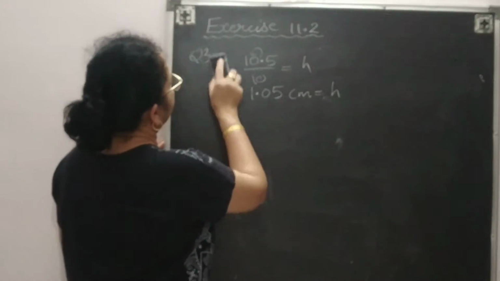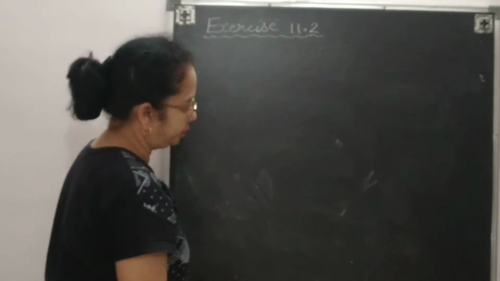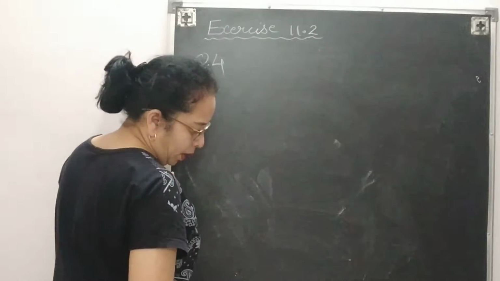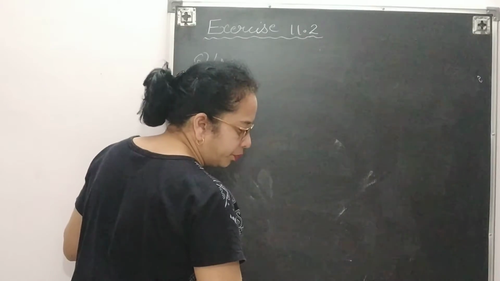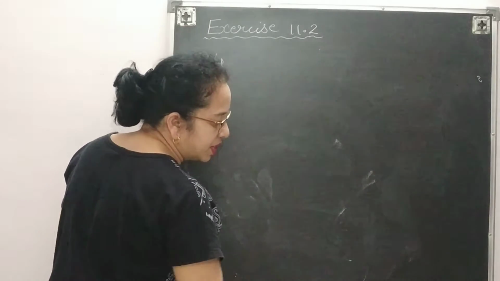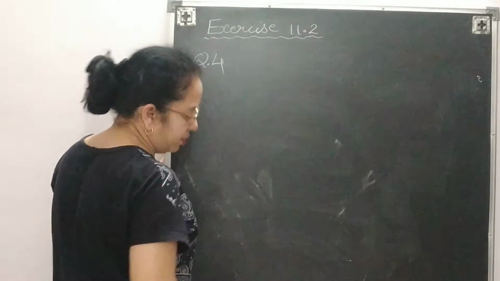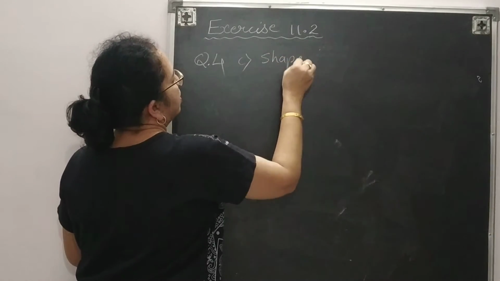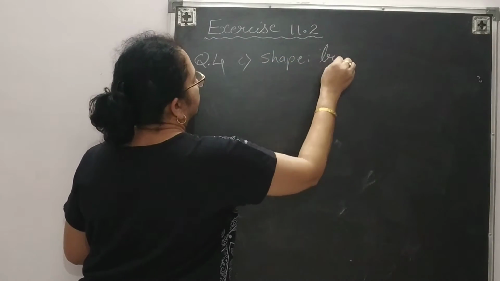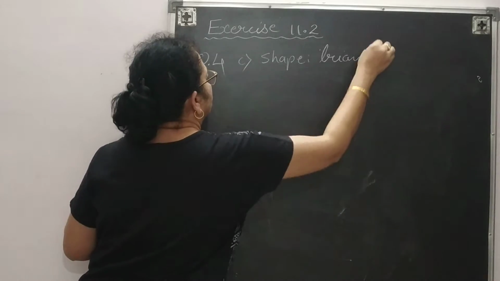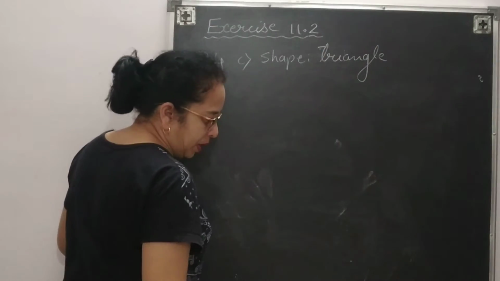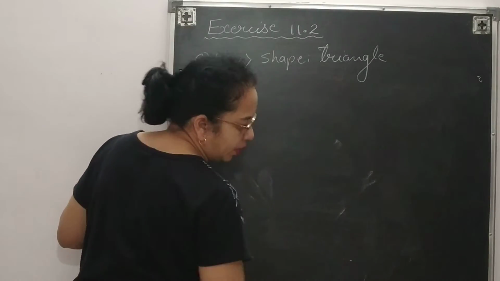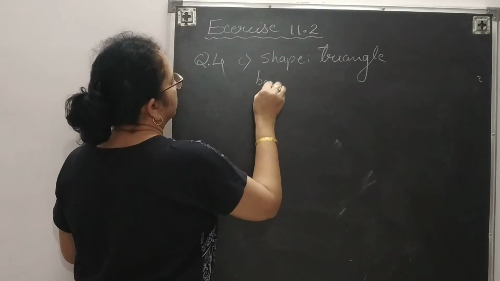Now next is question number 4. Question number 4. Again find missing values here given. Here I will solve only one sum. So shape is given triangle. What is given in this triangle? Base is 22.